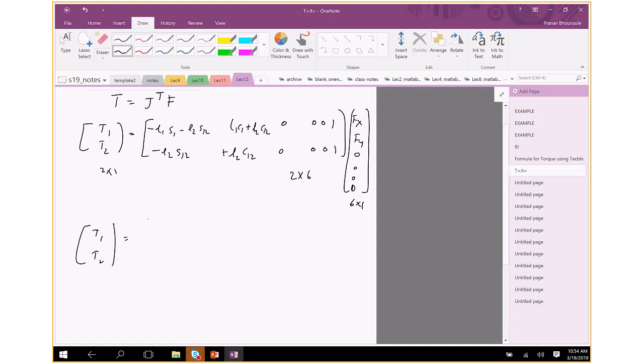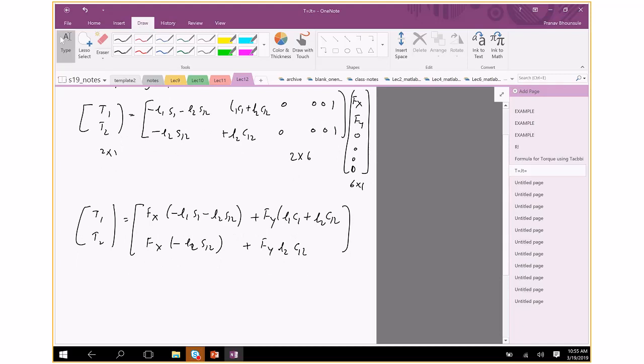So equals minus Fx times L1 S1 plus L2 S12, minus Fx L2 S12, plus Fy times L1 C1 plus L2 C12, plus Fy L2 C12.